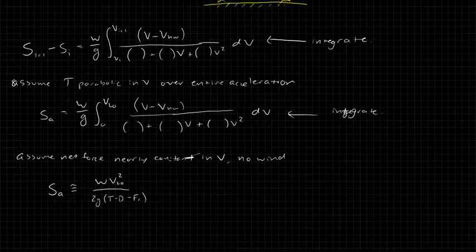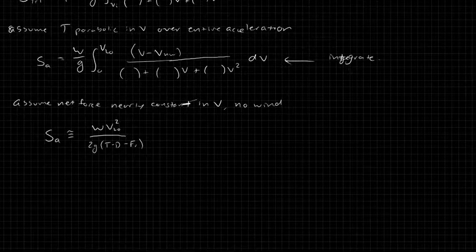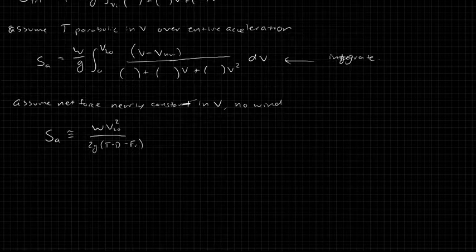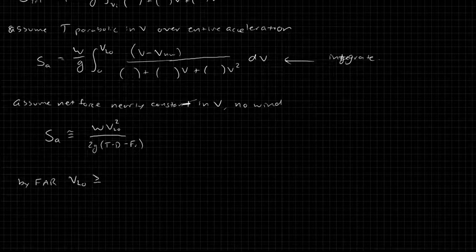So that's an approximation. Now the liftoff speed, let's talk about that for just a second before we finish. The liftoff speed is actually dictated by the stall speed. By FAR regulations, FAR being, I believe, Federal Aviation Regulations, the liftoff speed must be greater than or equal to 1.1 times the stall speed.